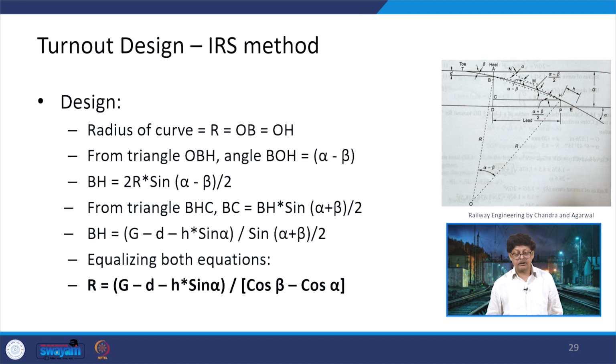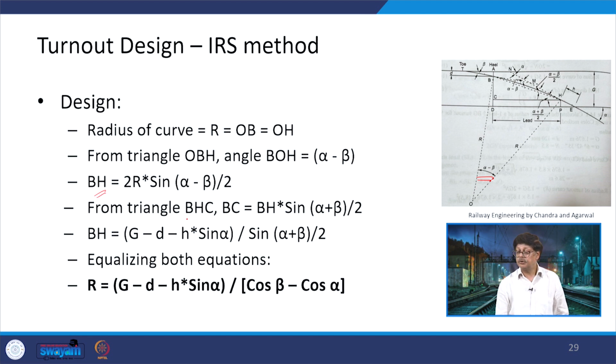Radius of curve R is nothing but OB or OH. So, this OB and OH we have to look at. In the triangle OBH, the angle here will be alpha minus beta, that is the difference between the crossing angle and the switch angle. Going by that, BH comes out to be 2R sin of alpha minus beta by 2.